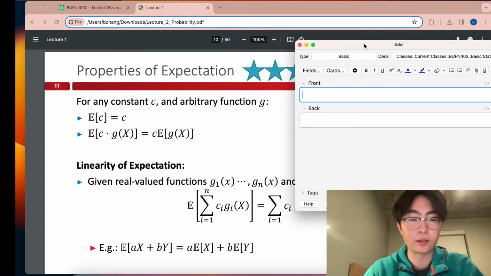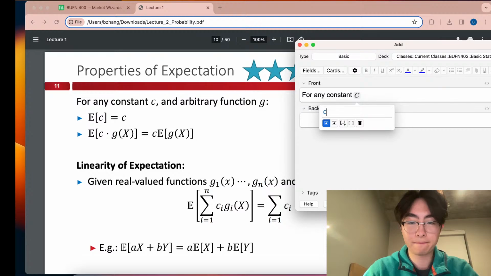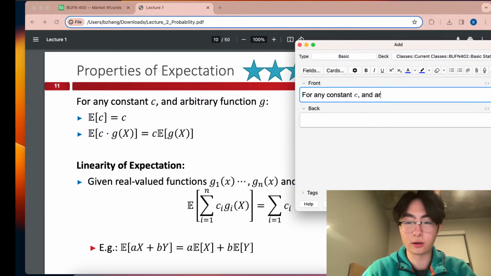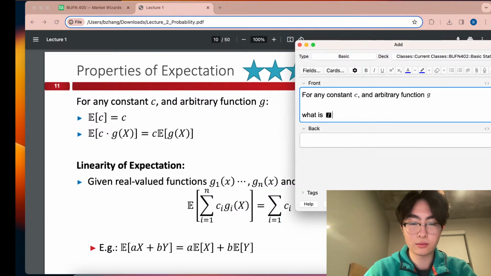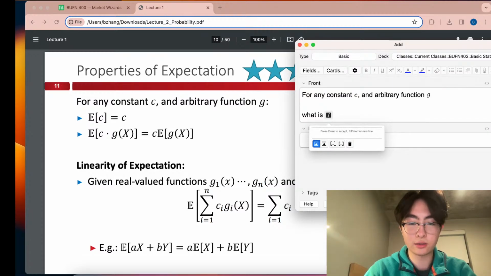For any constant c and arbitrary function g, what is the expectation of c?